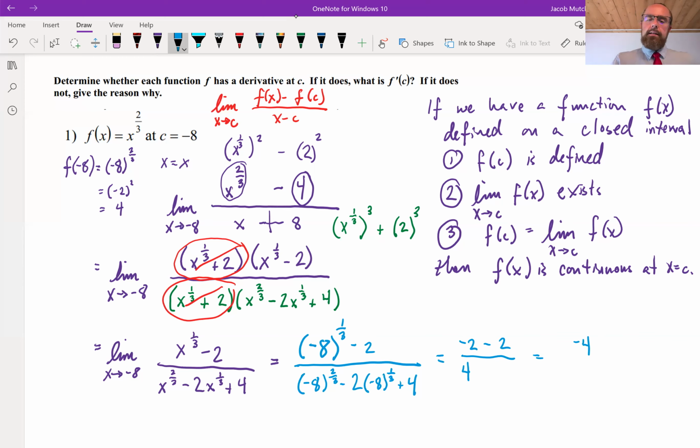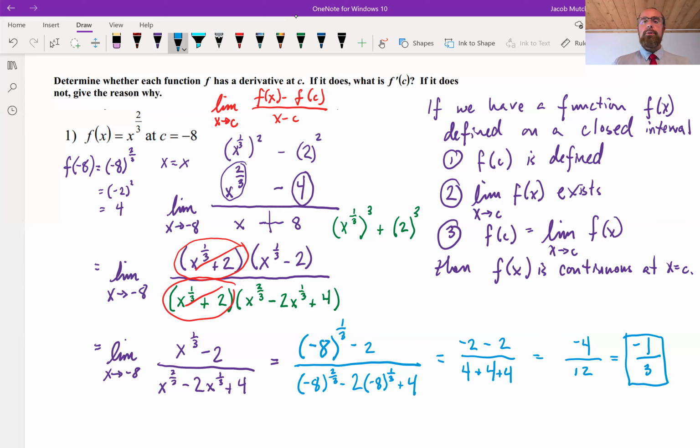The negative 8 to the power of 1/3 is the cube root of negative 8, that's negative 2, times the coefficient negative 2 is another 4. So 4 plus 4 plus 4, and that adds up to 12. And if I reduce that fraction, I have negative 1/3. And that is the value of the derivative at x equals negative 8.